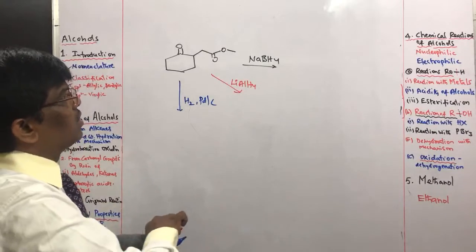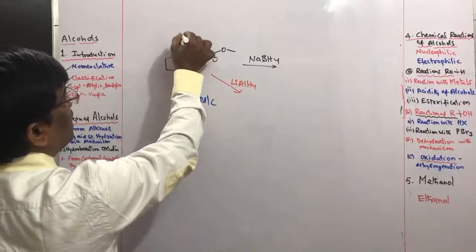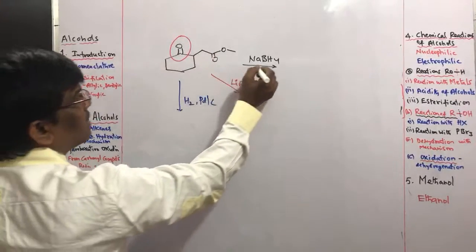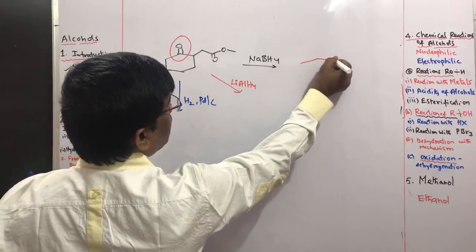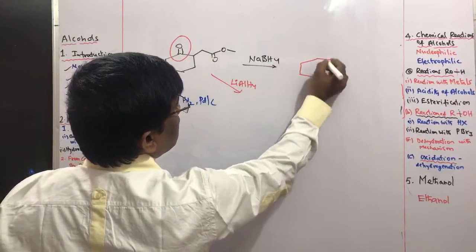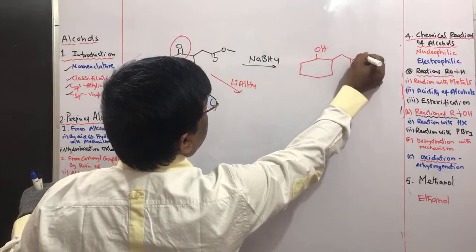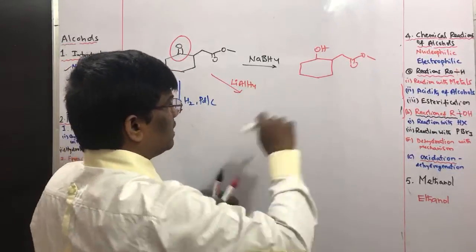Yes, students. So sodium borohydride chemoselectively reduces the ketone group to give this alcohol, whereas this ester group is intact. Ester is intact in this case.